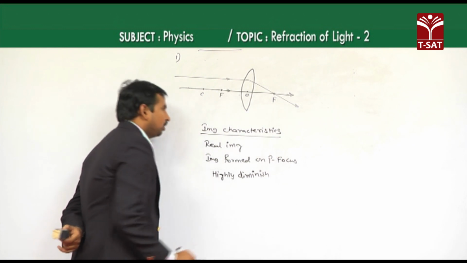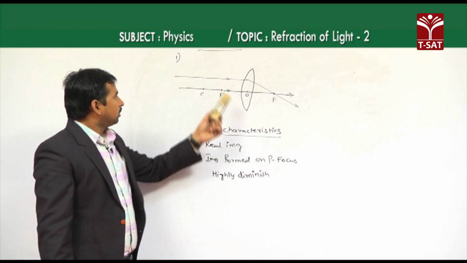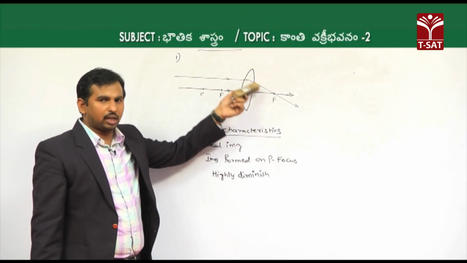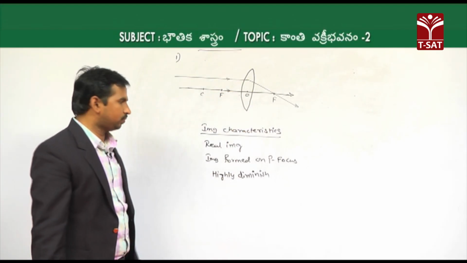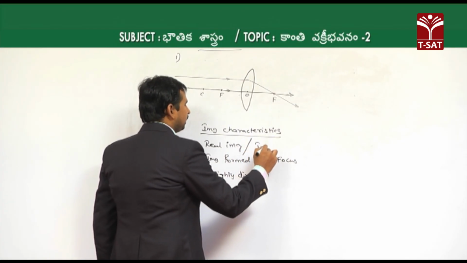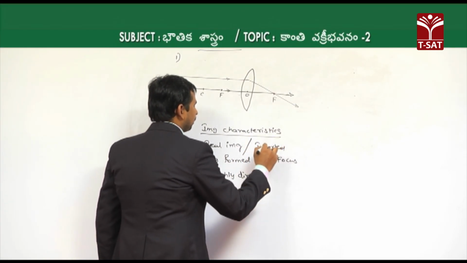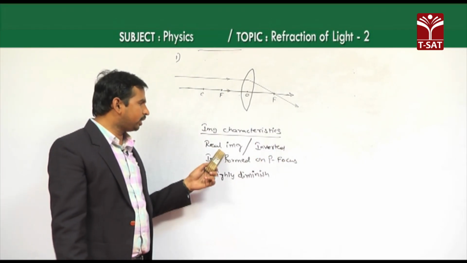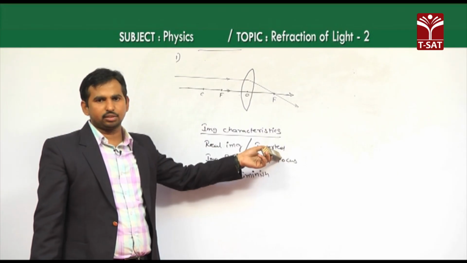And we have seen that the light rays which started above the principal axis, after refraction go below the principal axis, which means that the image formed is an inverted image. And we already know that all real images are always inverted images only.